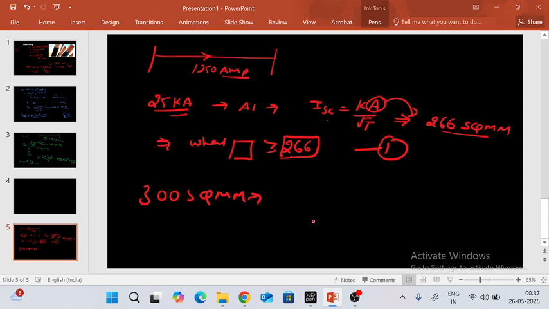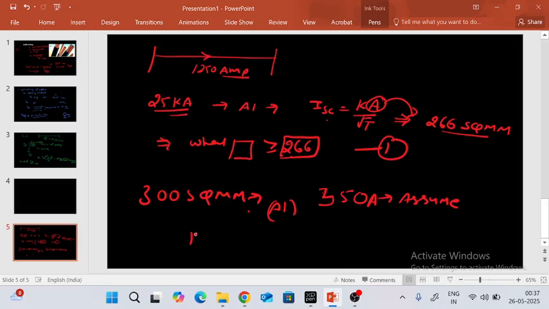Say the 300 SQM cable has a rating of 350 amps. I am just assuming this for an aluminium conductor. So 350 is the ampacity of this cable.